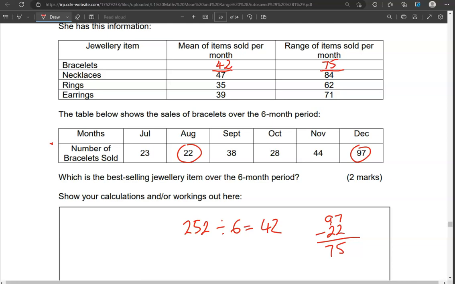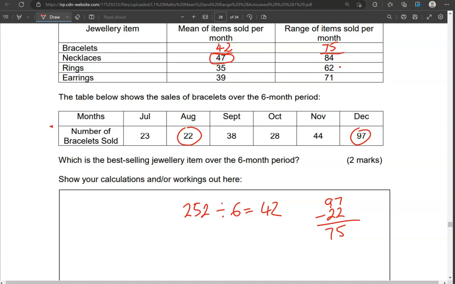Now we're able to compare the different jewellery items. So the highest mean is for the necklaces, and the lowest range is for rings.